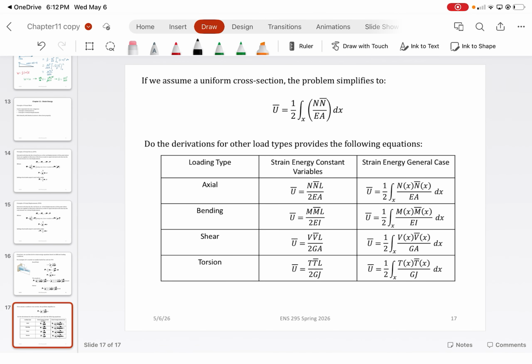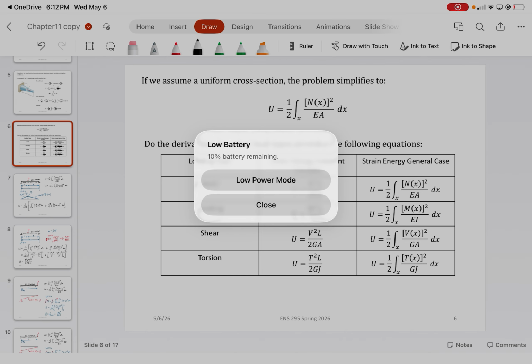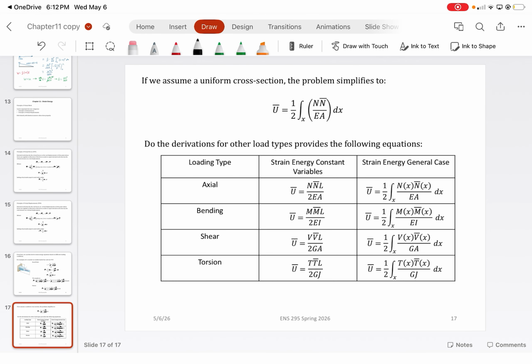You know how I said that the displacement would be computed at the point where the load is applied? By doing it this way, it's not limited to that, because you can figure out the displacement at a point as long as you apply a load there.